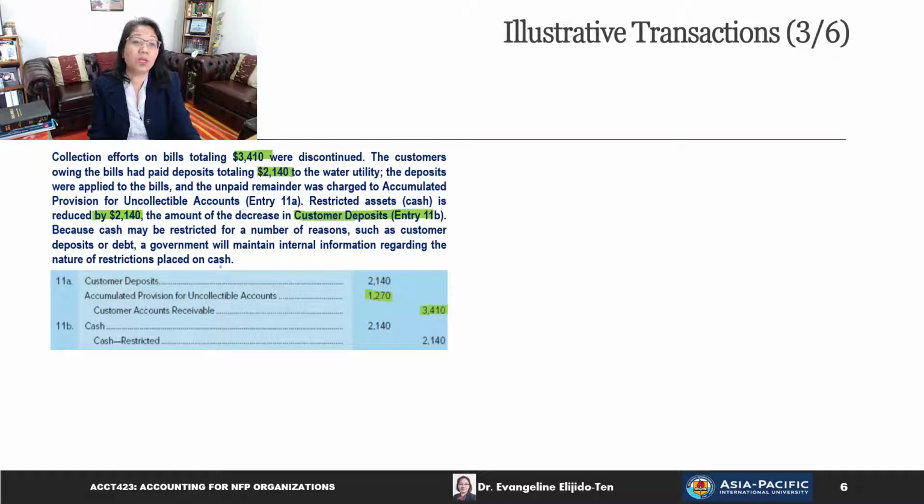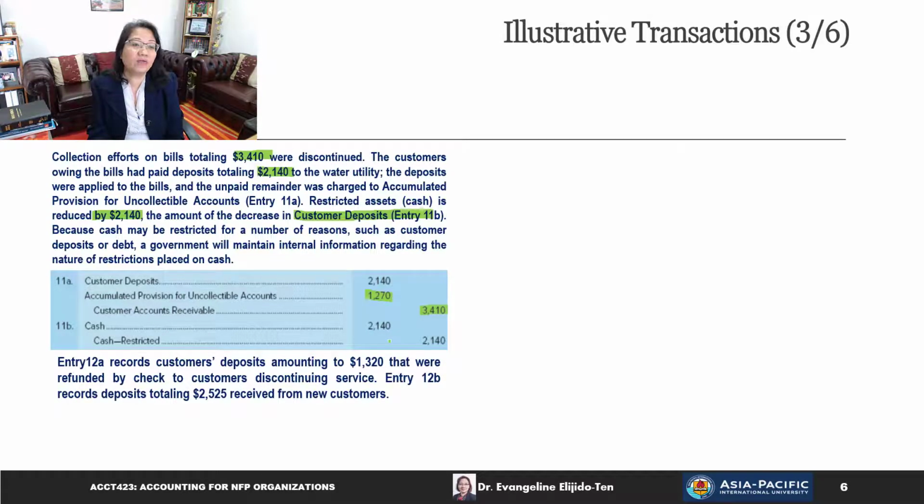Because cash may be restricted for a number of reasons, such as customer deposits or debt, a government will maintain internal information regarding the nature of restrictions placed on cash. But here in entry 11B, as you can see, we debited cash 2,140 and then we credited cash restricted 2,140, thereby unrestricting the customer's deposit.